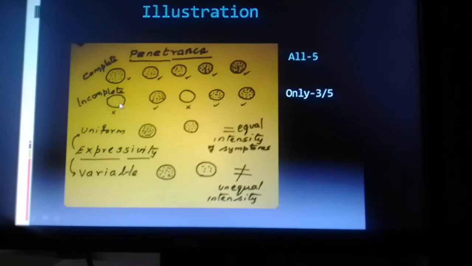Even in percentage you can indicate. Out of 5, only 3 show the expression of the particular genotype, and in 2 there is absence of the expression. Accordingly here the penetrance is 60%, because in 2 it is absent.